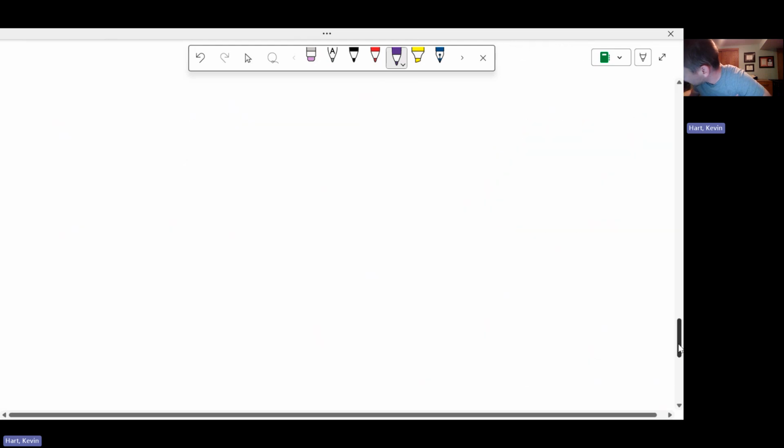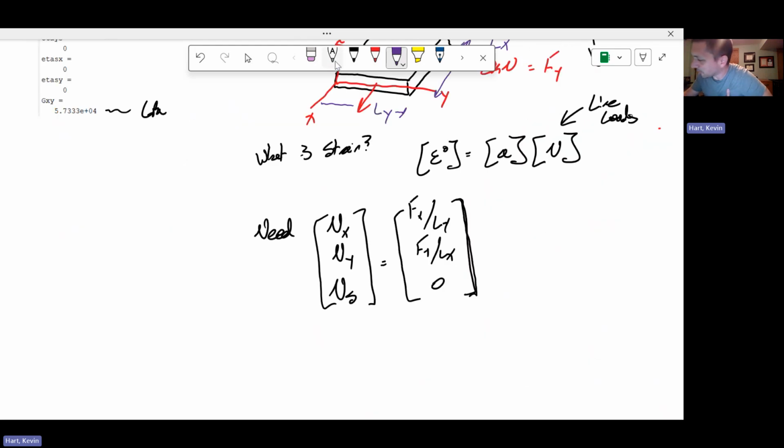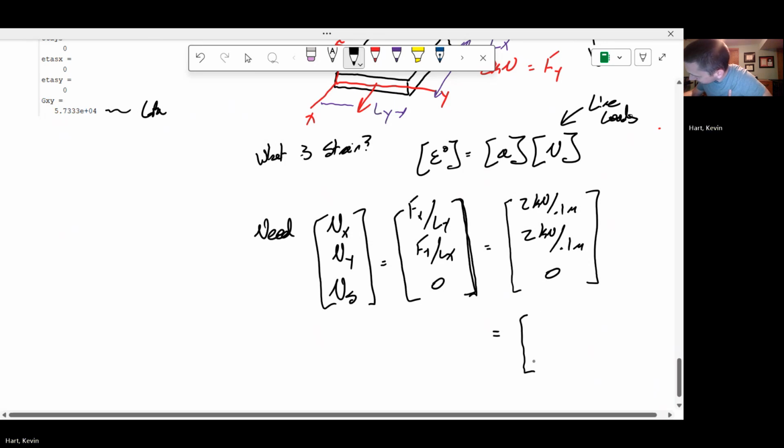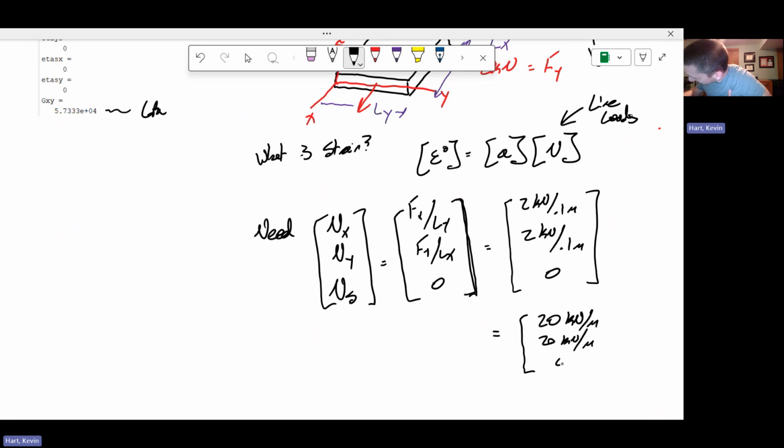So we can convert loads applied to line loads, which is 2 kilonewtons divided by 0.1 meters, 2 kilonewtons divided by 0.1 meters, and 0. So the line loads are 20 kilonewtons per meter, 20 kilonewtons per meter, and 0.